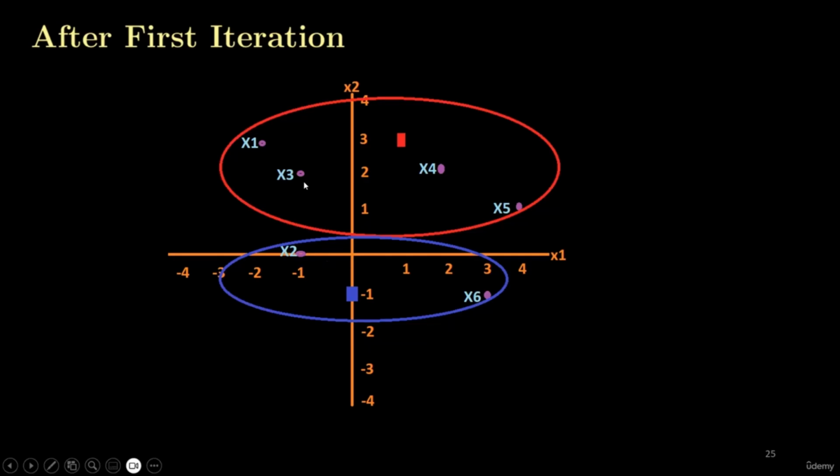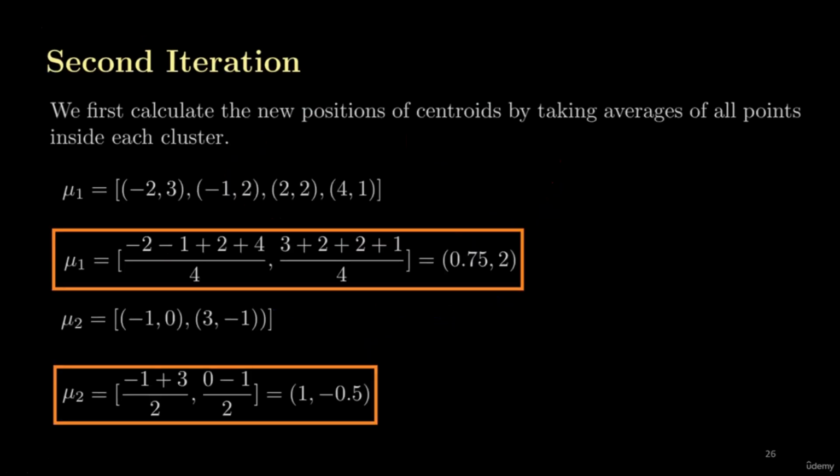Now, how to calculate the average in 2D? These are our 4 points in mu1: x1, x3, x4, and x5. To find the average, you have to add the coordinates which are at the same position, like -2, -1, +2, and +4.